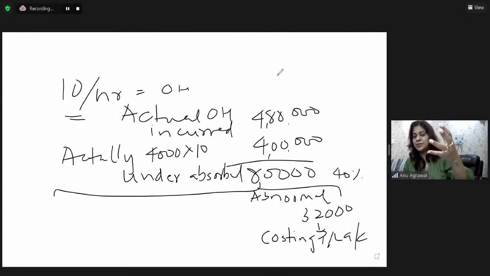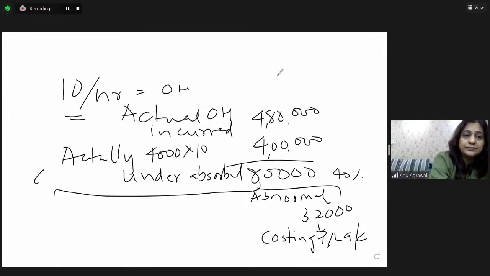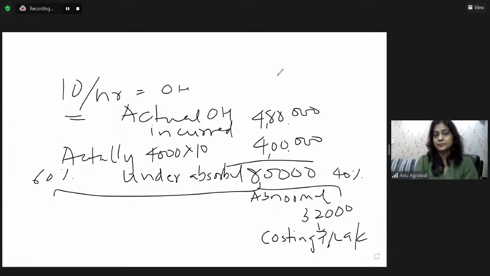When I debit costing P&L account, that means my profits reduce, because this abnormal is not going to happen again. This has happened because of someone's mistake. But what about the 60%, which is 48,000?